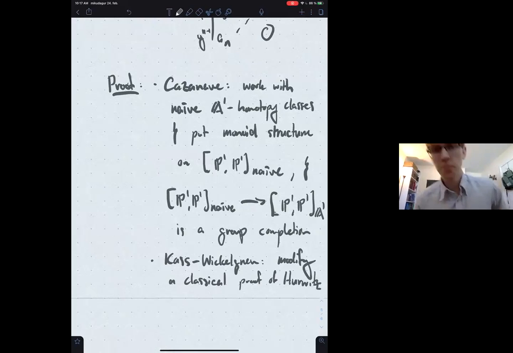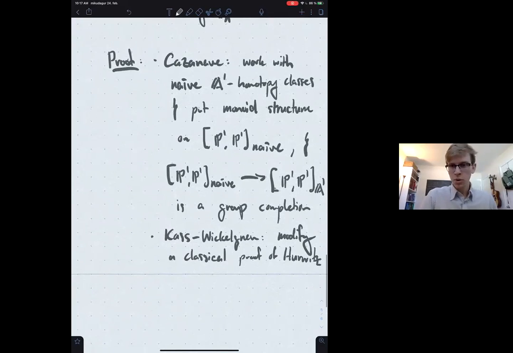Okay, so two different ways to prove this, and it's at least suggesting that there really is maybe even a deeper connection to commutative algebra than we first expected, because you can take a classical proof of Hurwitz and modify it to say something about A1 homotopy theory. So at least to me, that suggests that there really is something hiding in the background here.